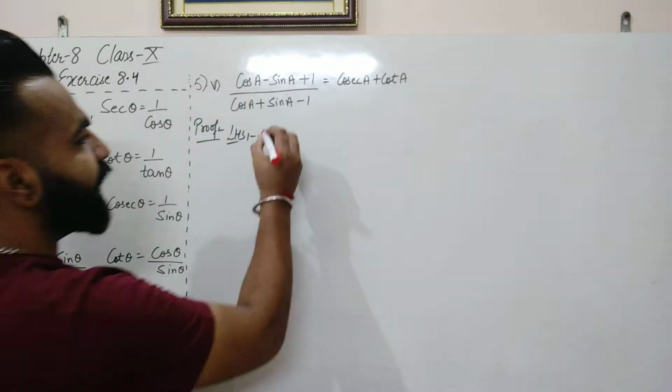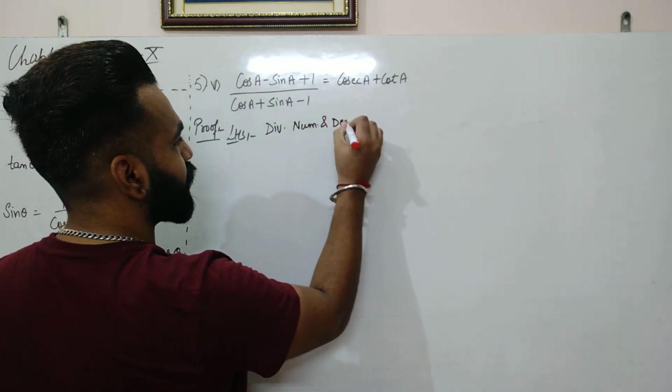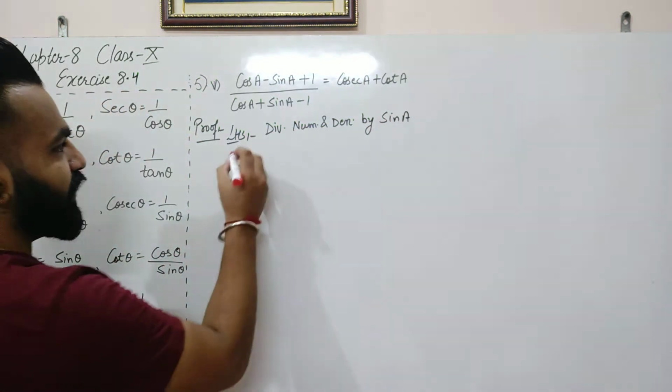Clear? So divide numerator and denominator by sin A. So this will be done in this form.